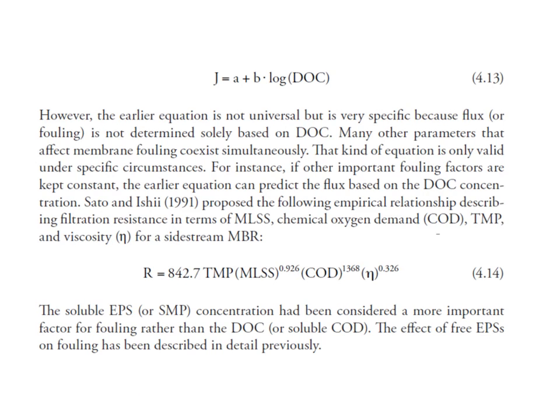So this is one of the equations that we can use to predict the flux as a function of dissolved organic carbon. And of course, this equation is an empirical equation, which means we have to determine A and B based on experimental data. Another empirical equation that some Japanese researchers derived is this one.